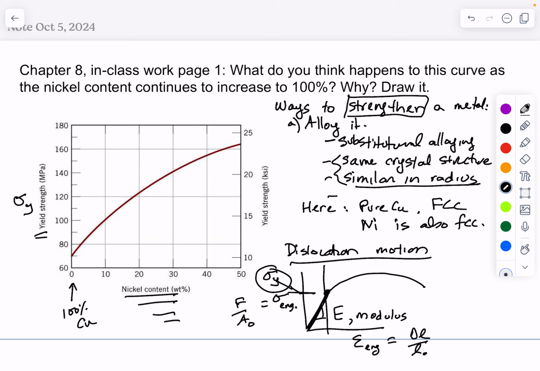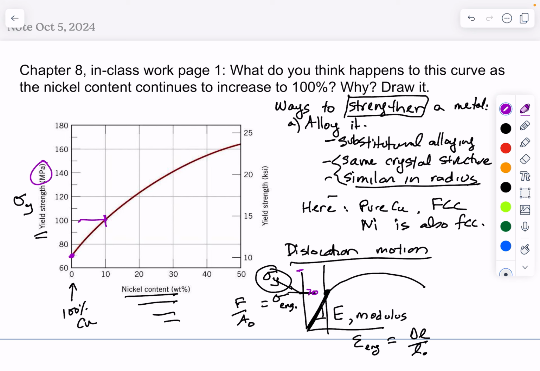If the yield strength for pure copper is right down here at 70 megapascals, once we add 10% nickel, guess what? We've got a yield strength of about 100.